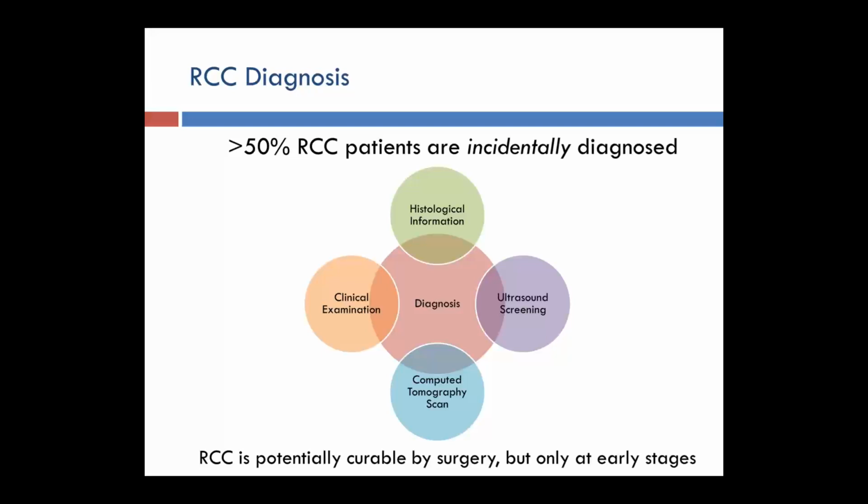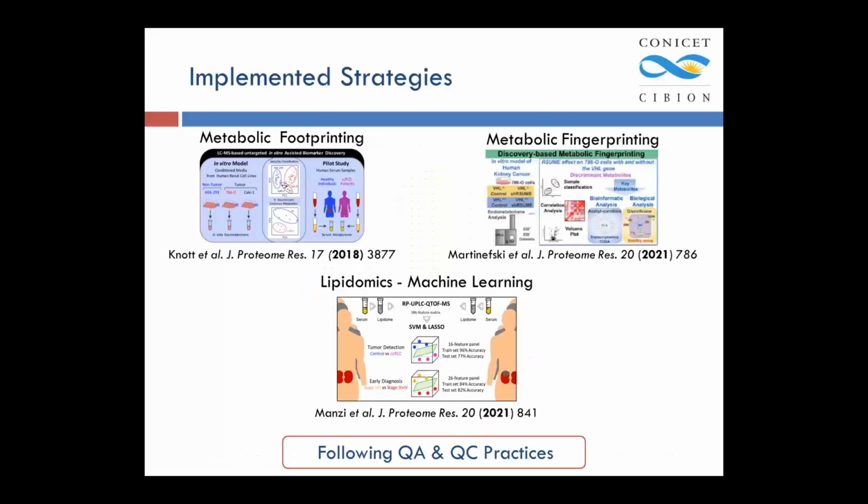So with this scenario in mind, with this context in mind, we implemented in the lab different strategies that involved analyzing samples from in vitro models as well as from human serum samples using totally different strategies such as a metabolic footprinting study, a metabolic fingerprinting study, and a lipidomics machine learning study.